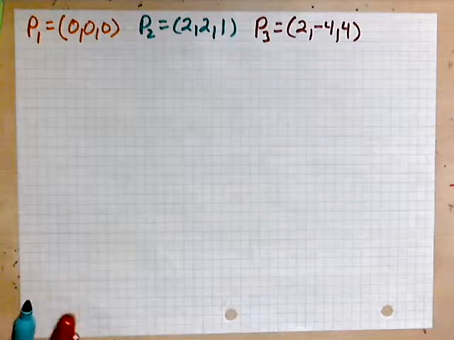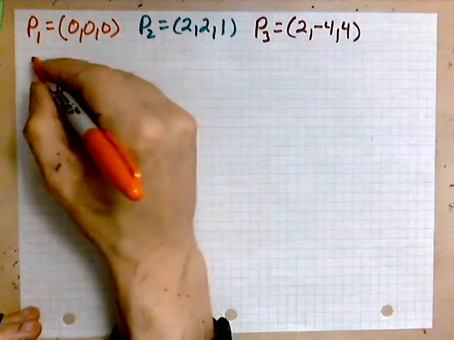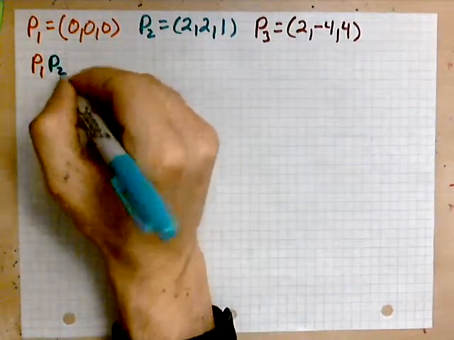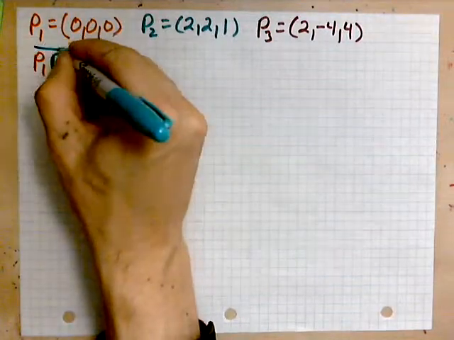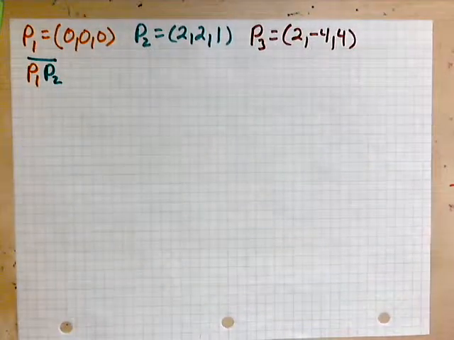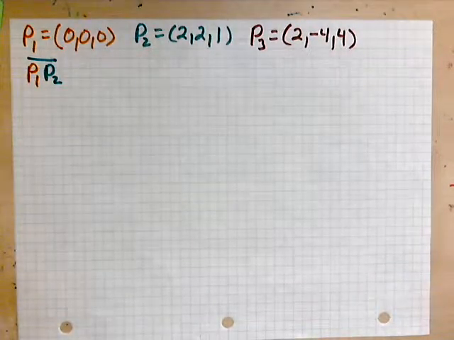So first let's find the distance from P1 to P2. Let's place a little bar above that. And we're going to plug this into the distance formula so we can find the length of that segment.